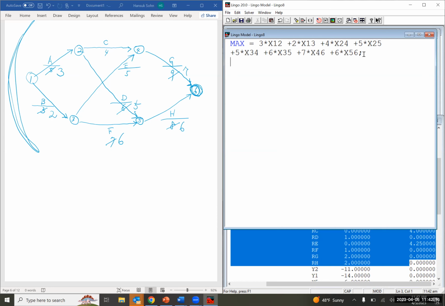Next, the constraint set. So the left-hand side is going to be inflow minus outflow, right? Then right-hand side value becomes net flow.